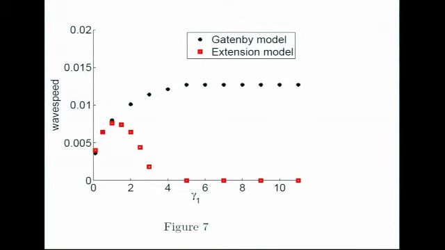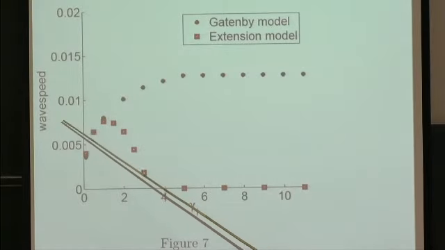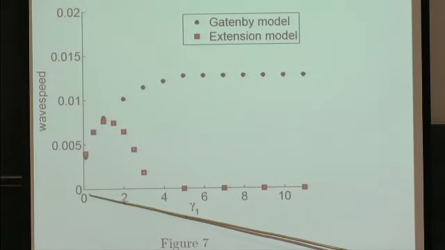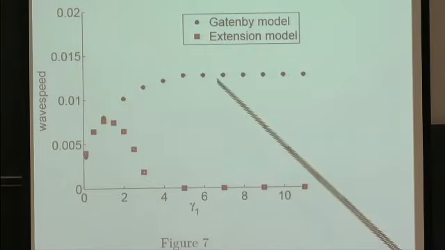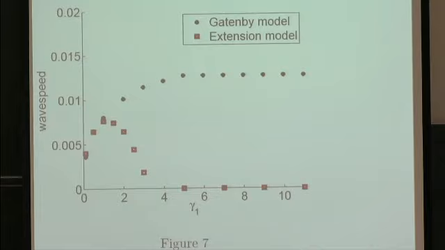So here is a measure of the acid production of the tumor cells, and here's the wave speed. So here's the original model where, as you change acid production, you get this wave speed, and you can do the standard analysis to get an equation for this. But now when we put this extension in, what we get is something like this.